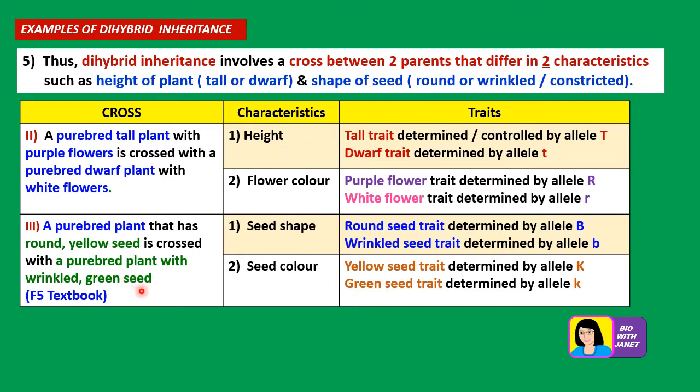Yellow and green seed is the characteristic of seed color. As an example, round seed trait is determined by allele big B, which is dominant, and wrinkled seed trait by allele small b, which is recessive. For seed color, yellow seed trait is determined by allele big K, which is dominant, and green seed trait by allele small k, which is recessive.